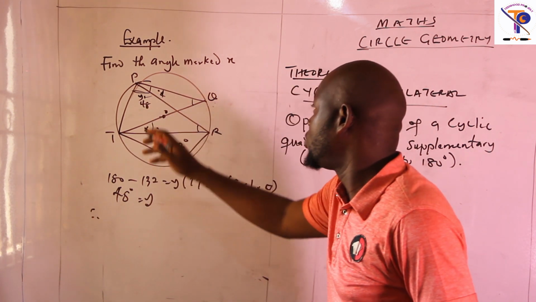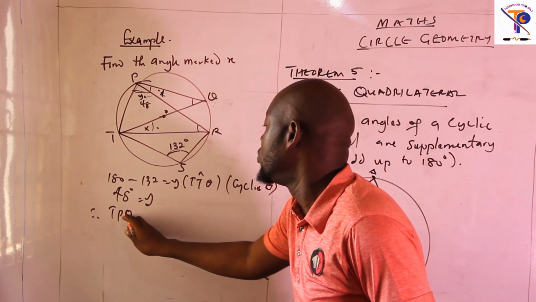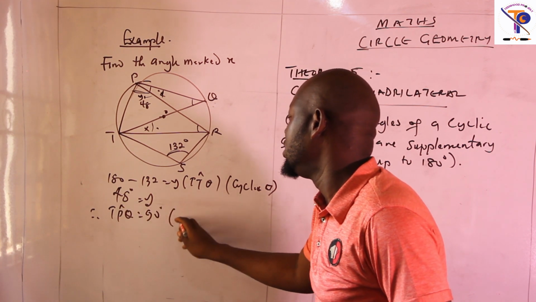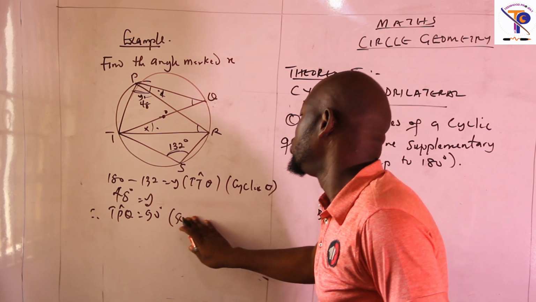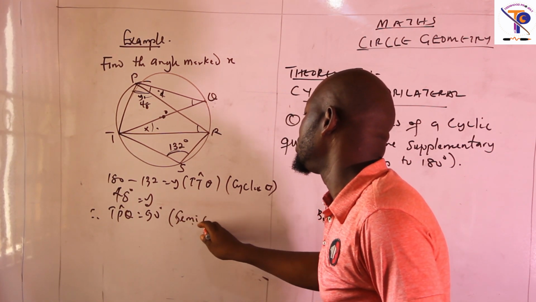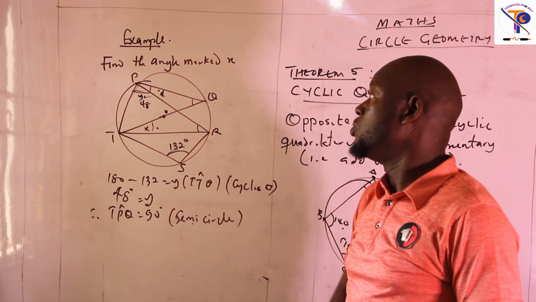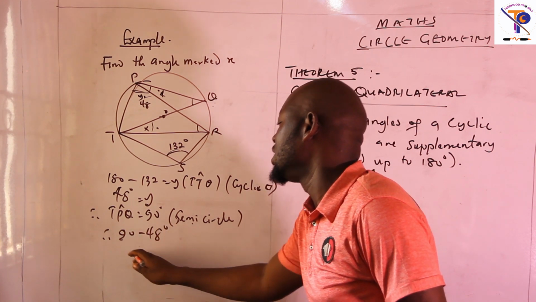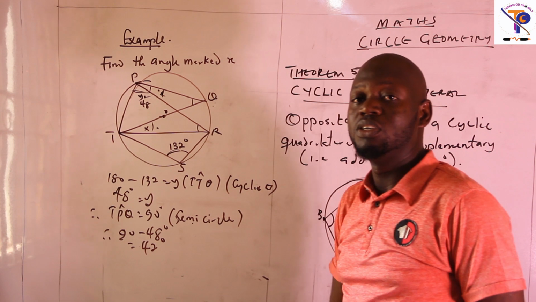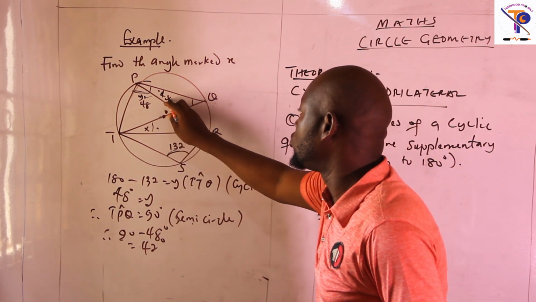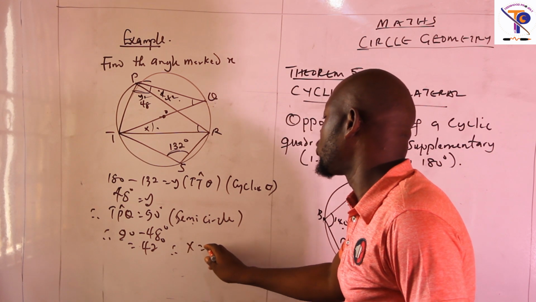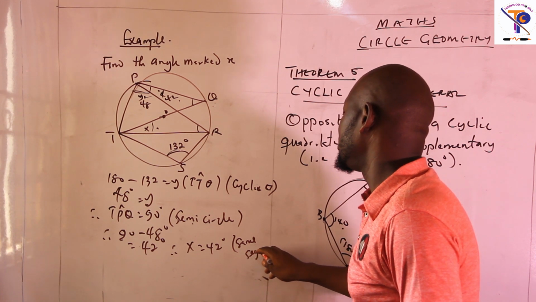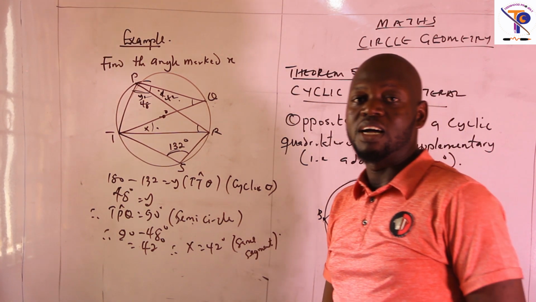So therefore, we should write angle TPQ is equal to 90 degrees. Why? Semicircle. If this is semicircle, then we have 90 minus 48 degrees. That will be 42 degrees. So far we have 42 degrees here. So therefore, x will be equal to 42 degrees. Why? Same segment.